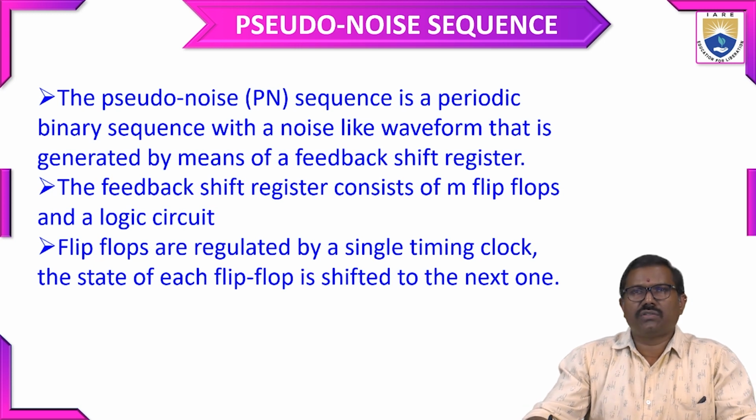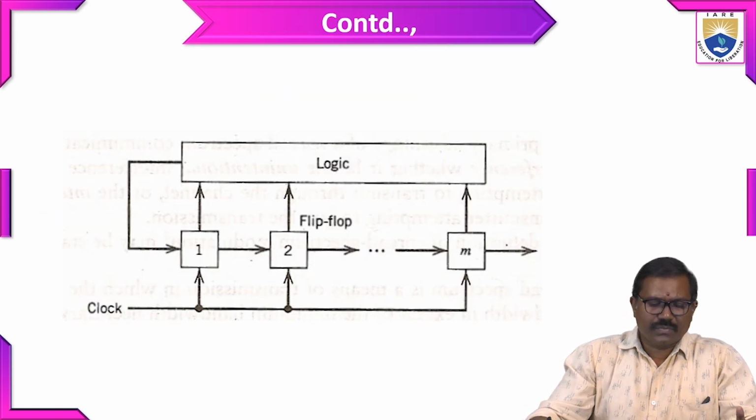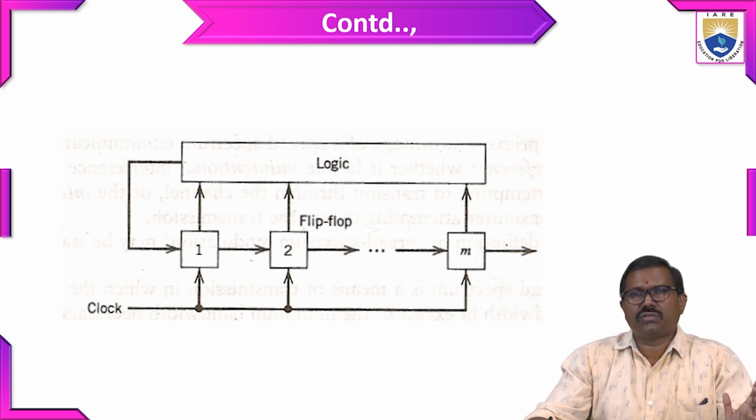Here you can see the M flip-flops and a logic circuit. These flip-flops are connected to a logic circuit, and for every clock pulse, the state of the flip-flops changes from one to another.